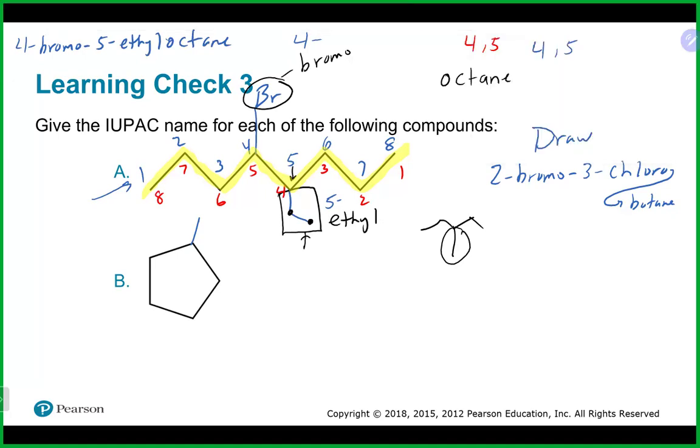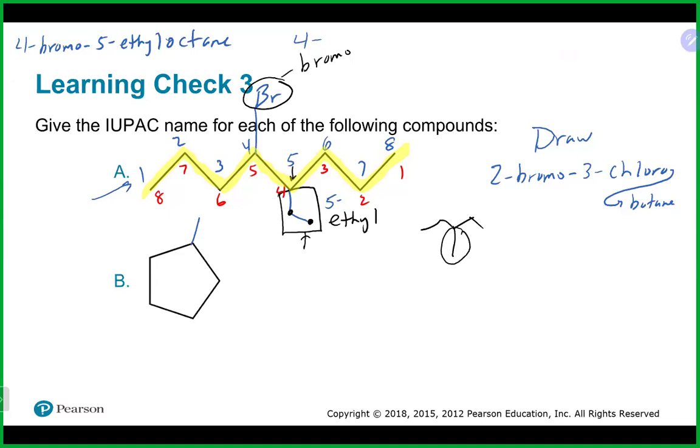Now, speaking of naming, here's also something that does confuse people sometimes. It is definitely possible that when you do your numbering, the group that should come first alphabetically ends up with a higher number than the next alphabetical group. That's okay.